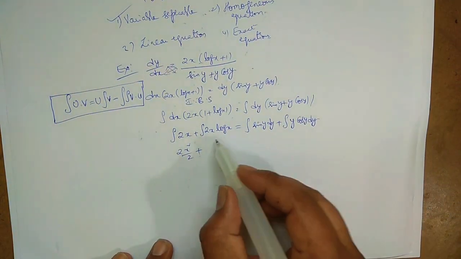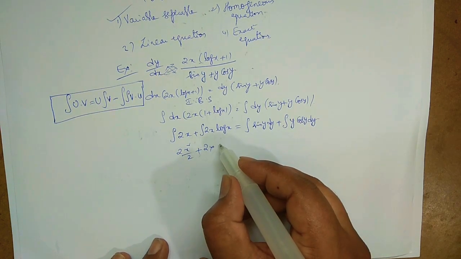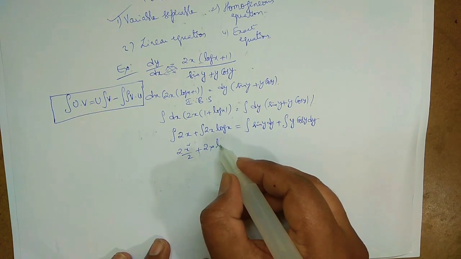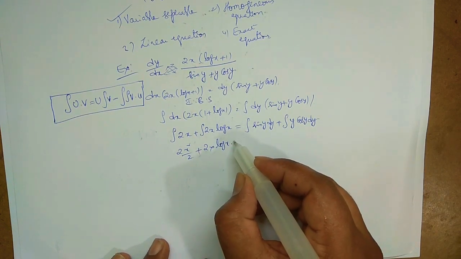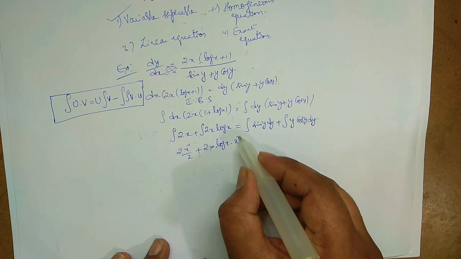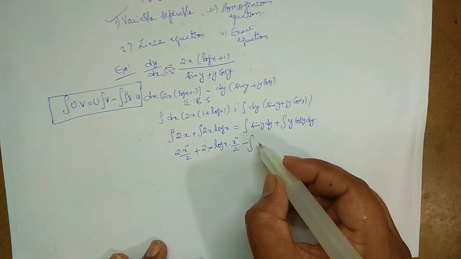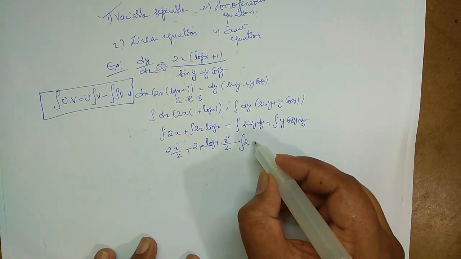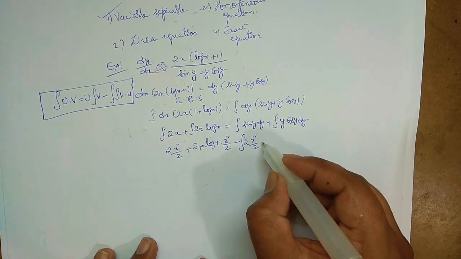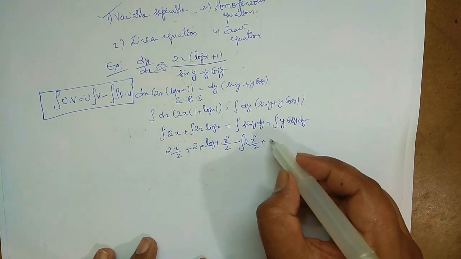So let us apply this here. What will you get? 2 is a constant, log x will be the first function and x will be the second function. So what is the integration here? x²/2 minus integral of x²/2, integration is over. Now we have to differentiate this. What is the derivative of log x?